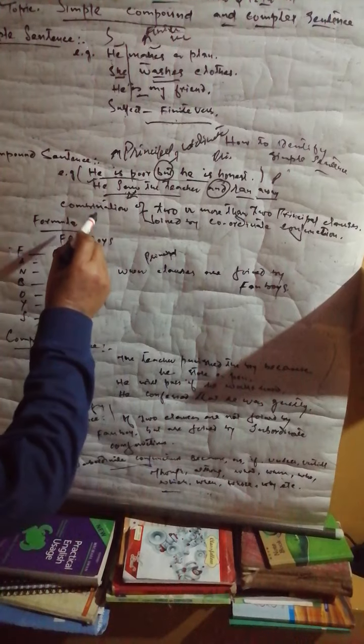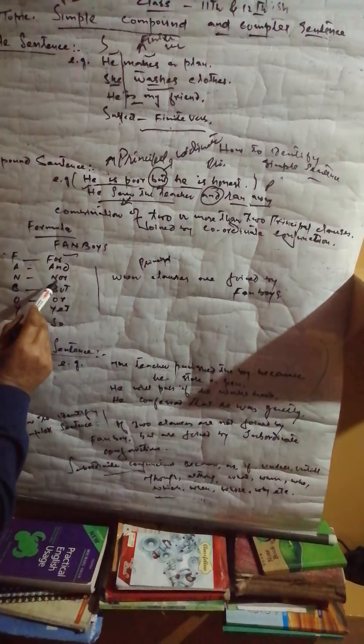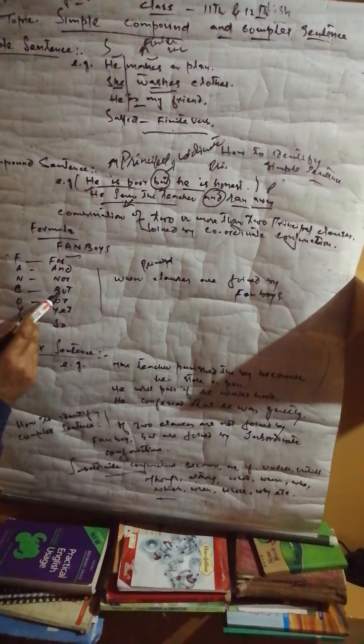For the identification of a compound sentence, we have a formula, that is FANBOYS. F stands for for, A stands for and, N stands for nor, B stands for but, O stands for or, Y stands for yet, and S stands for so.